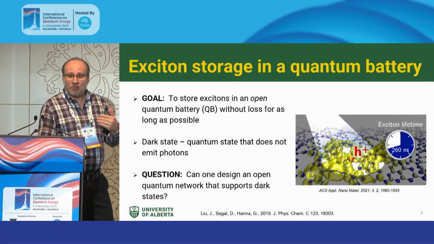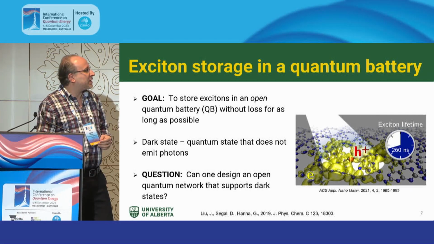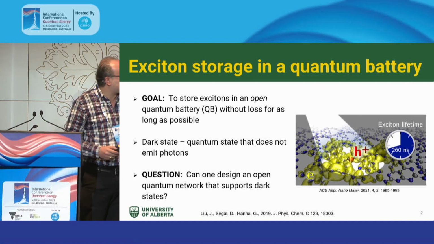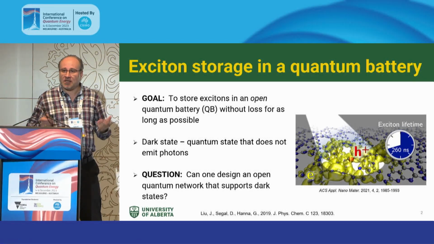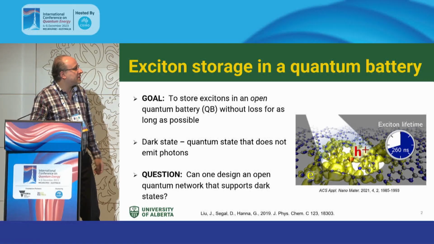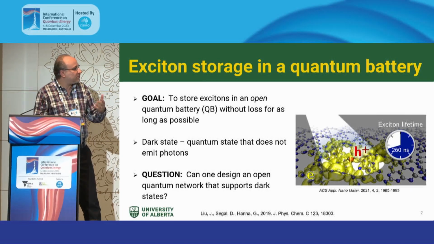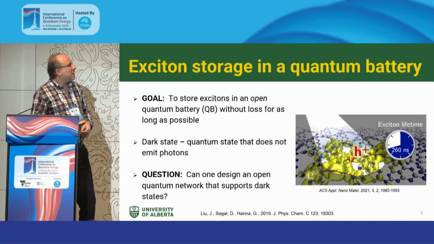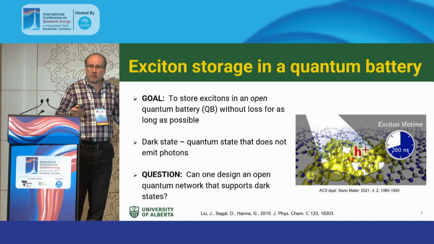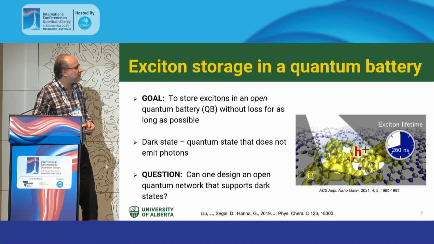And being a chemist and learning a lot about spectroscopy, we've heard about dark states a lot. So the idea of using dark states, which are just quantum states that do not emit photons, at least in an ideal situation, is thinking about this possibility of using dark states for exciton storage.